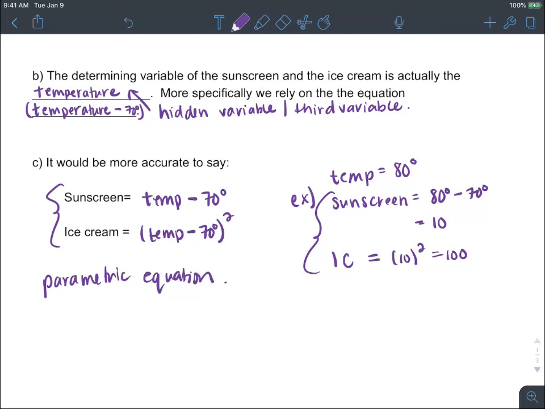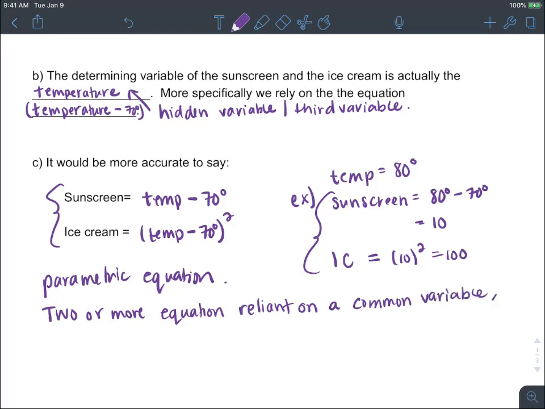It's when there are two or more equations reliant on a common variable, which we call the hidden variable, the third variable.